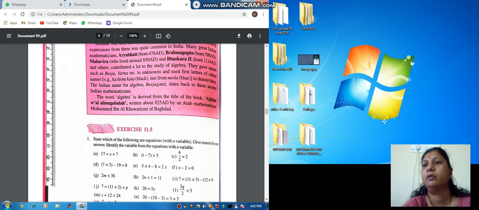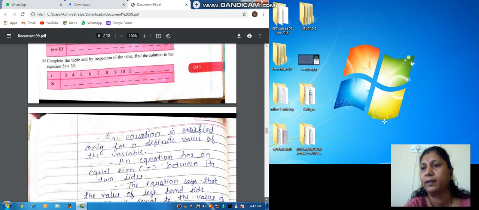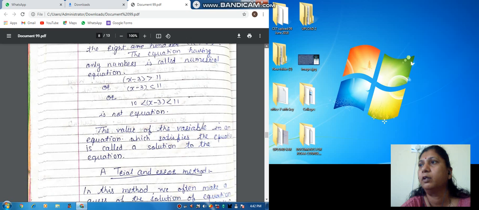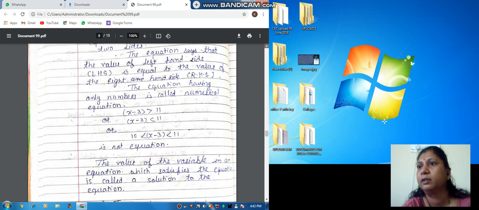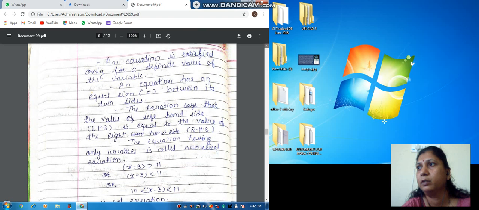State which of the following are equations with a variable, give reasons for your answer, and identify the variables from the equations with variables. I think I have solved it in my copy. These are some notes, I think I have given these notes. If not, then you have to write them down.